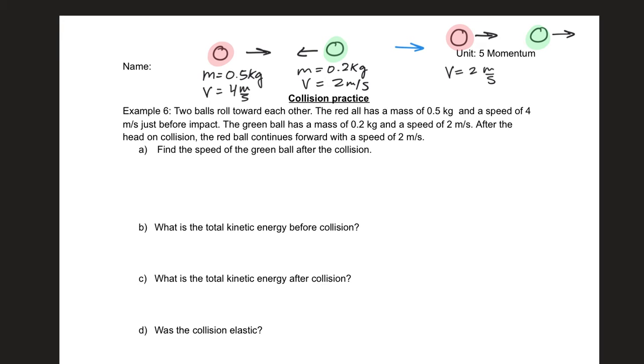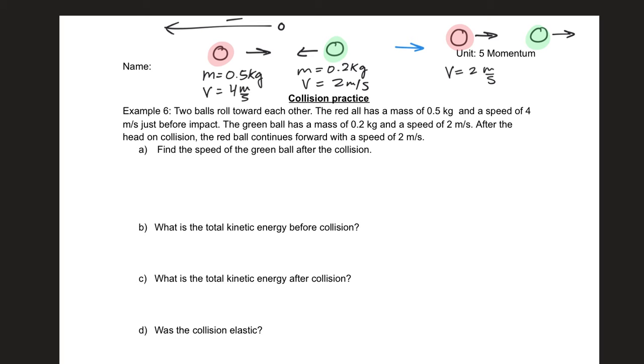Since this is velocity, we know that velocity is a vector, so therefore it has a direction. So which one of these directions is going to be in the negative direction? Left or right? Left. Okay, so it's going to be in the left direction.